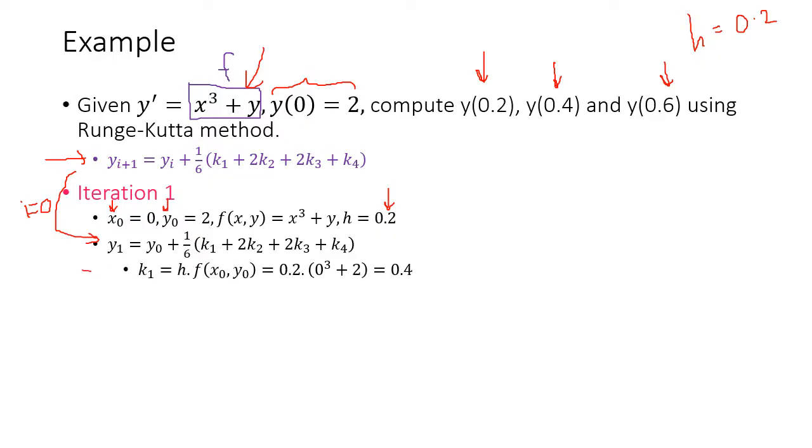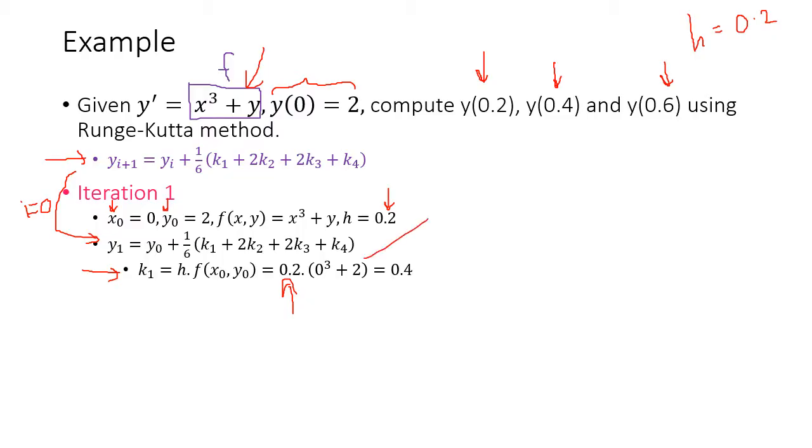So this is the formula for k1 from the previous slide. k1 equals step size times f of x0, y0, and here I evaluated this expression. I substituted the value of h as 0.2 and the function x cubed plus y evaluated at x0 equals 0, hence 0 cubed plus y0 is 2, hence plus 2.